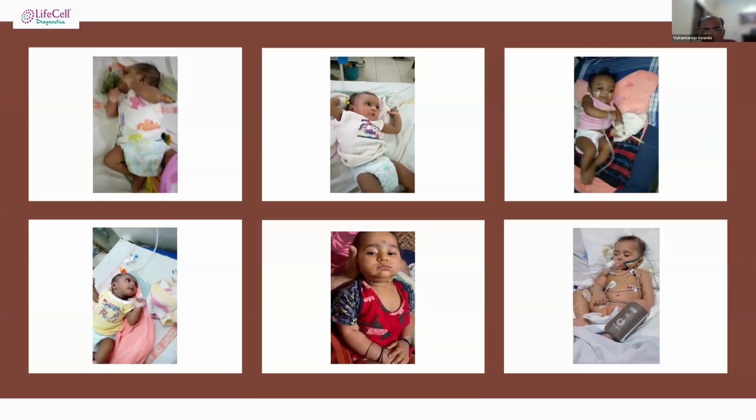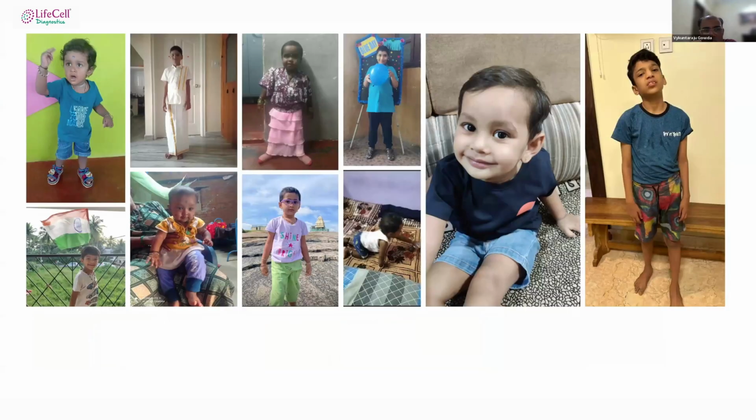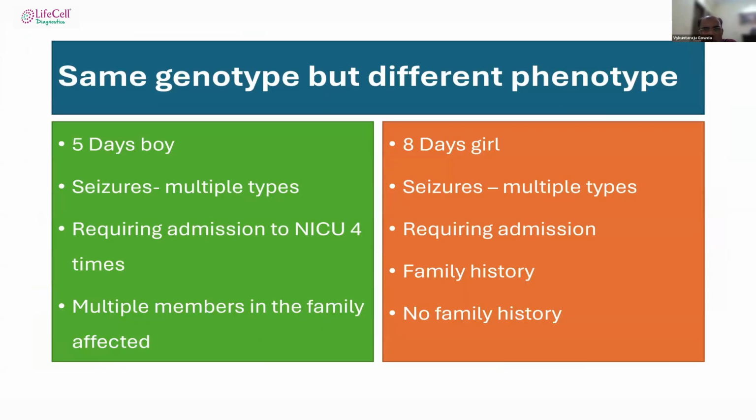The response rate is very good, even though they can have some minimal disability and developmental problems. But for epilepsy outcome, many of them in our series improved very well with just pyridoxine supplementation. So that is the importance of genetic testing, especially in epilepsy cases.